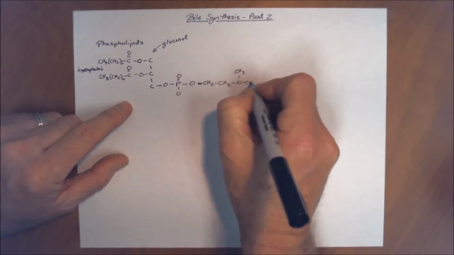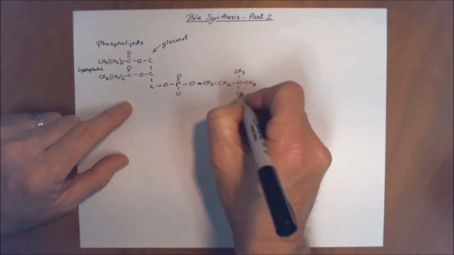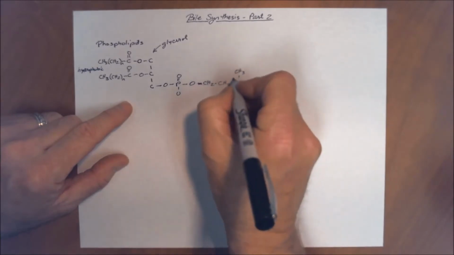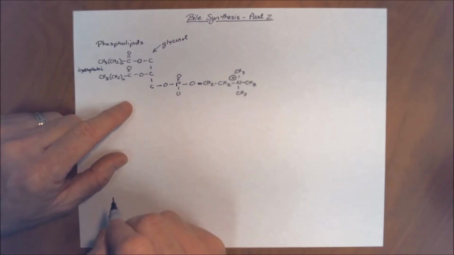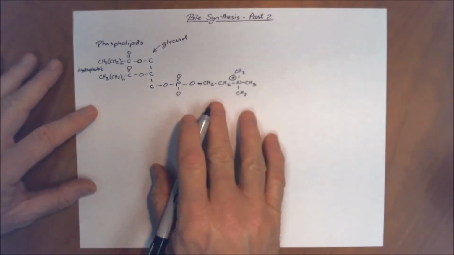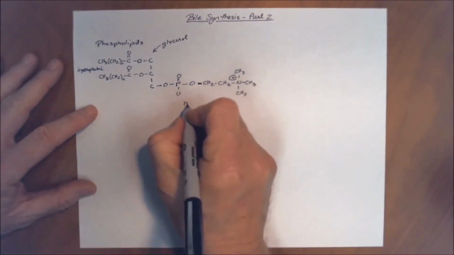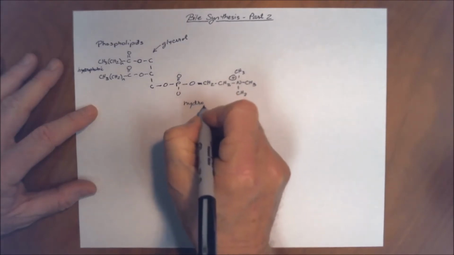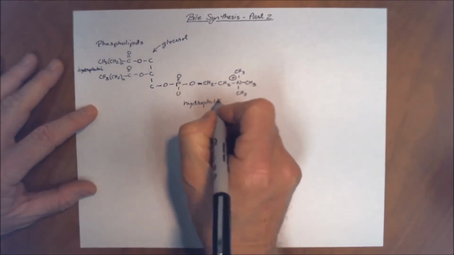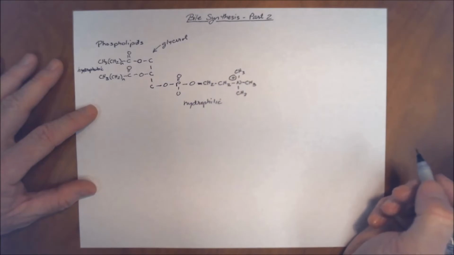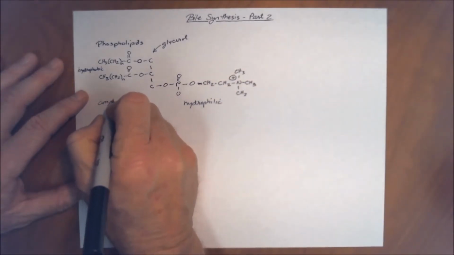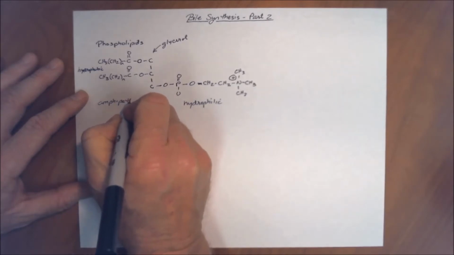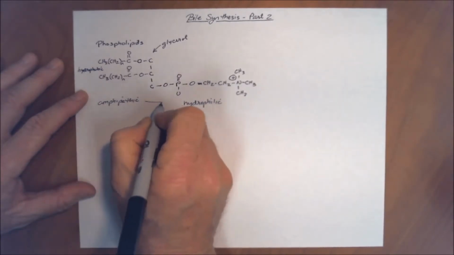Phosphatidylcholine is essentially a tertiary amine which has a permanent positive charge to it. This region of the molecule, of course, is hydrophilic. And again, combining these two features, we have an amphipathic molecule.